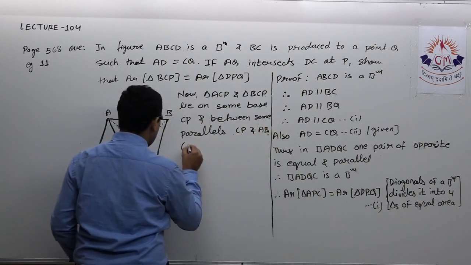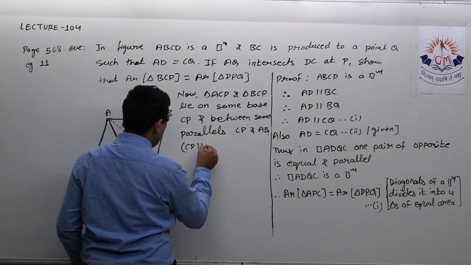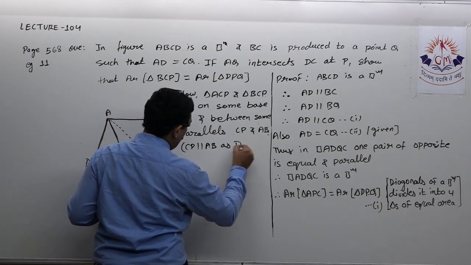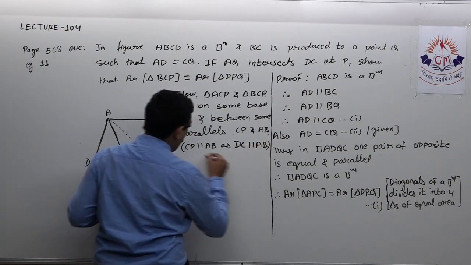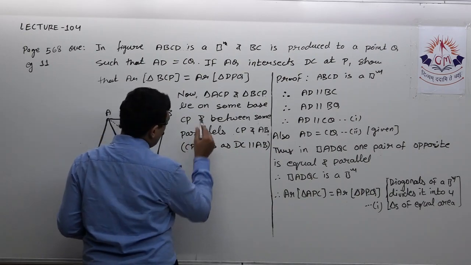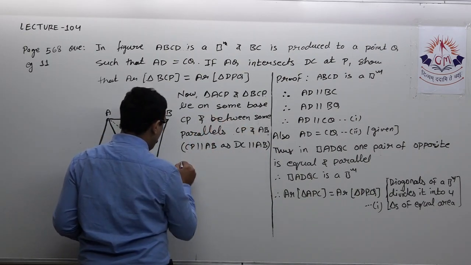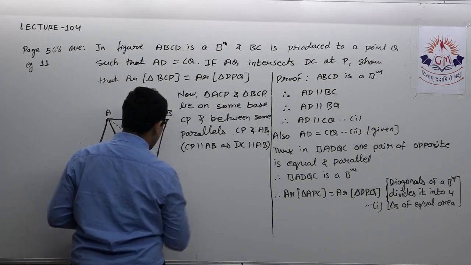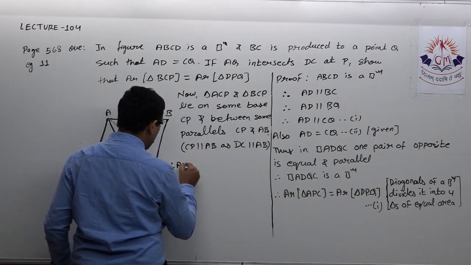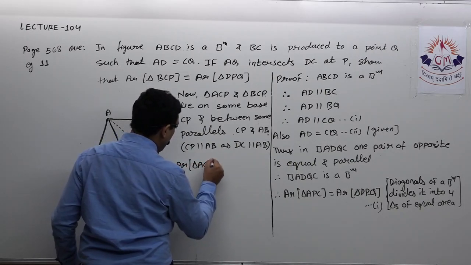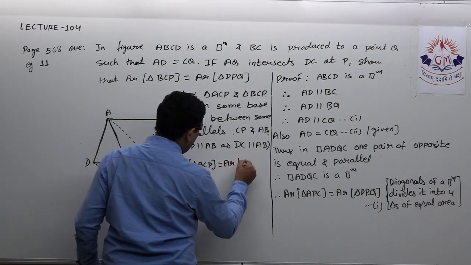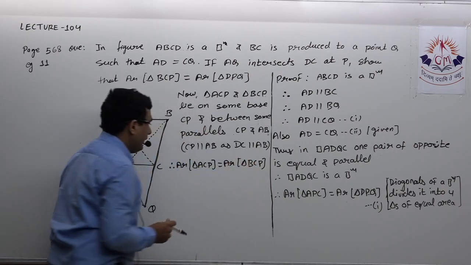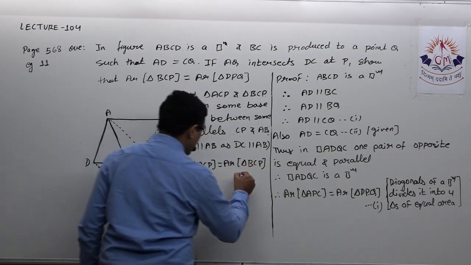Here you can write the reason: CP is parallel to AB as DC is parallel to AB. They lie on the same base and between the same parallels. Therefore, area of triangle ACP is equal to area of triangle BCP.